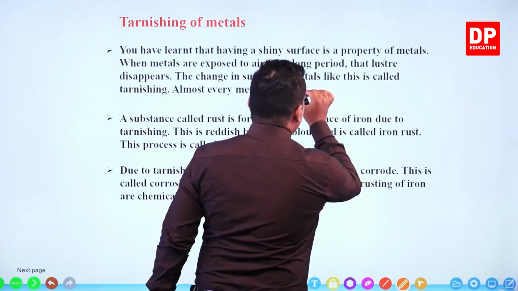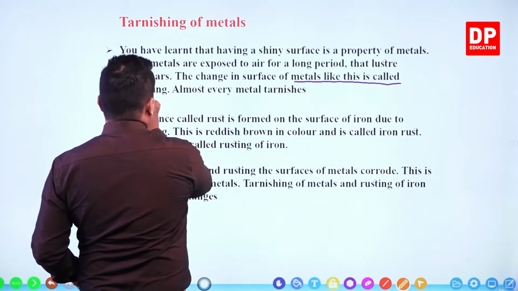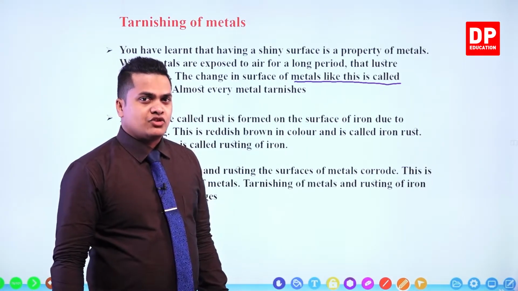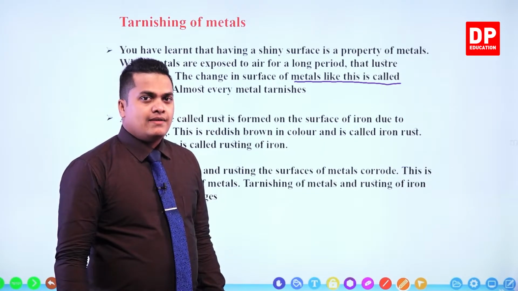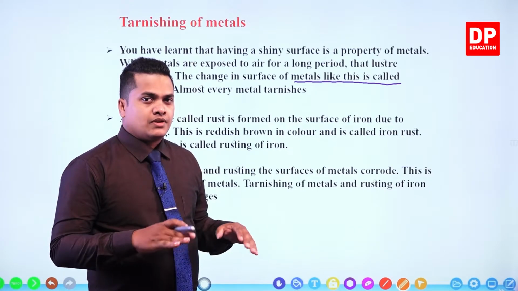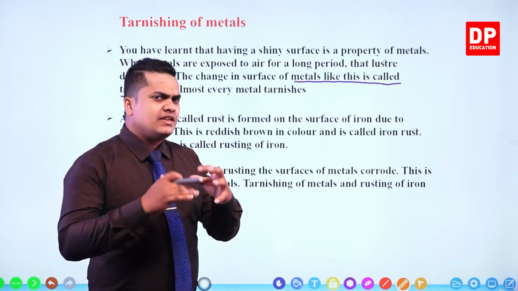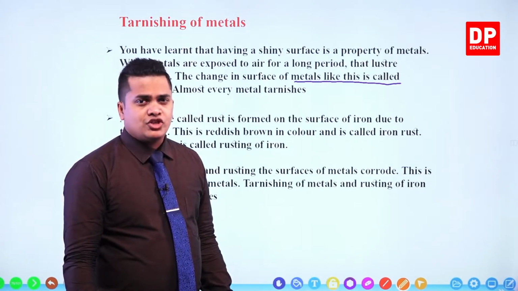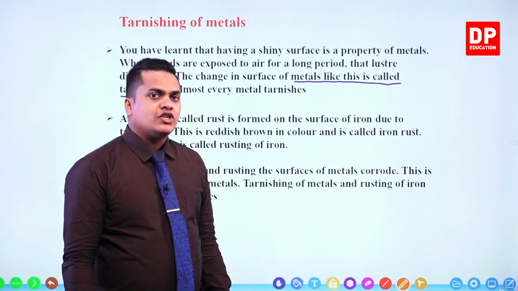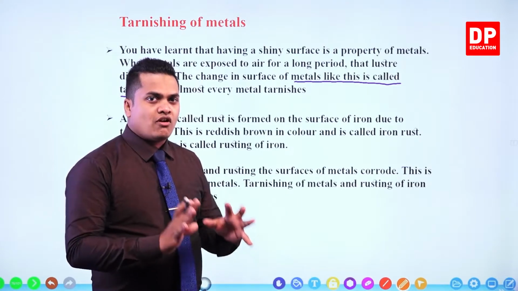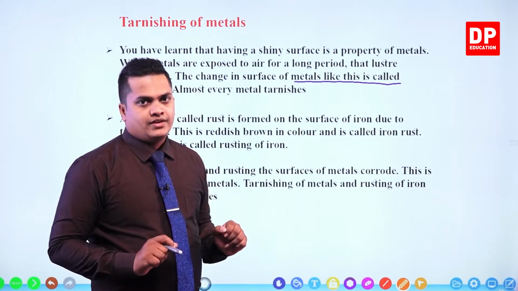So disappearing of this lustrous nature and covering up the surface with an oxide layer or a different kind of substance is referred to as tarnishing of metals. In simple terms, tarnishing means losing the lustrous nature of metals, right?